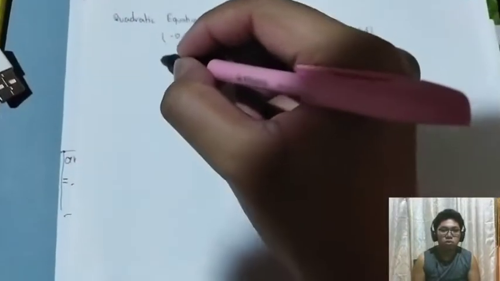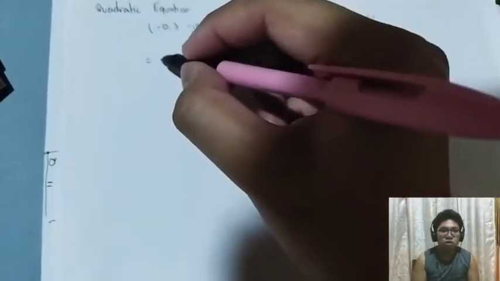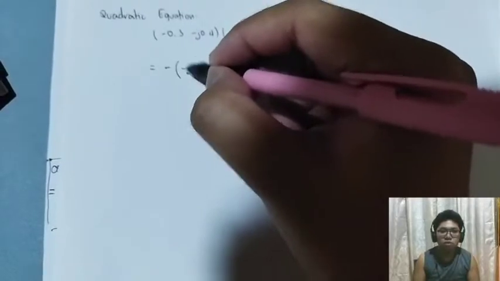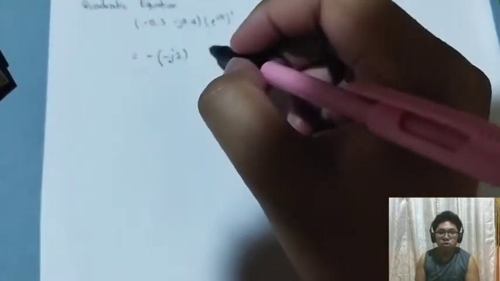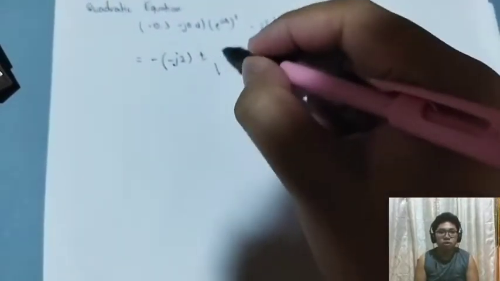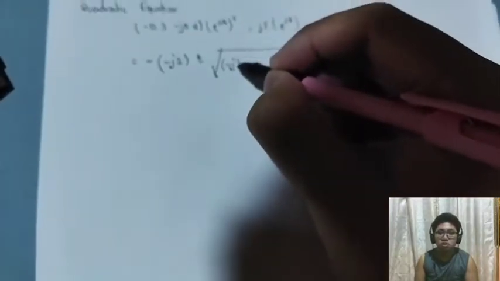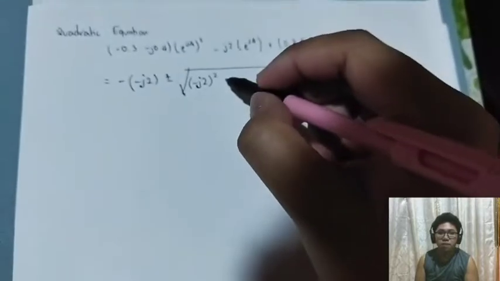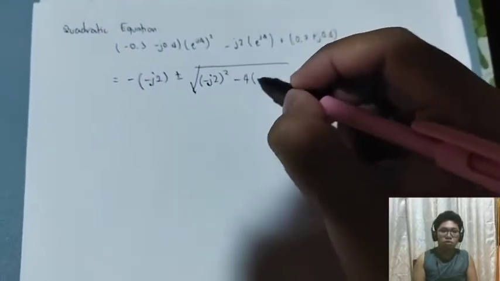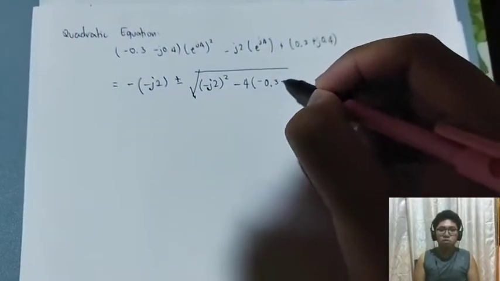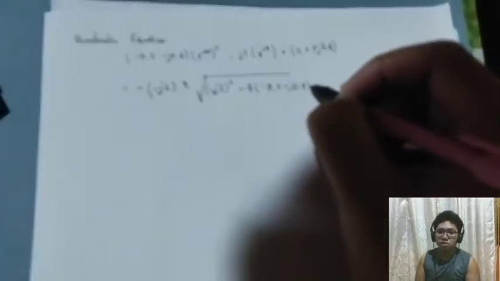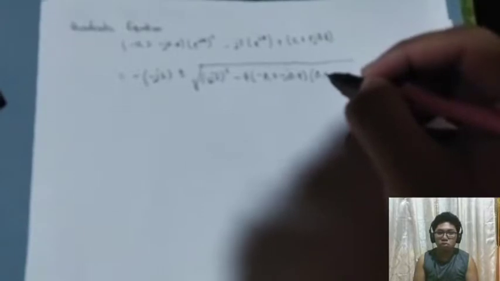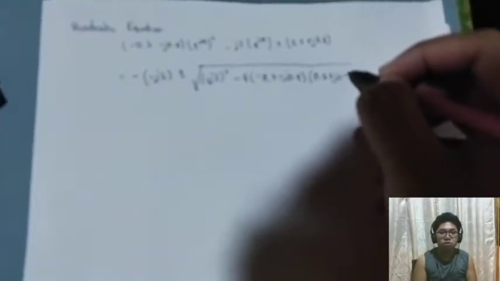After rearranging the equation, we will arrive with a quadratic equation, and we will use the quadratic formula to find the e raised to ja. So that is negative b plus minus the square root of b squared minus 4ac all over the 2 times the coefficient of a.